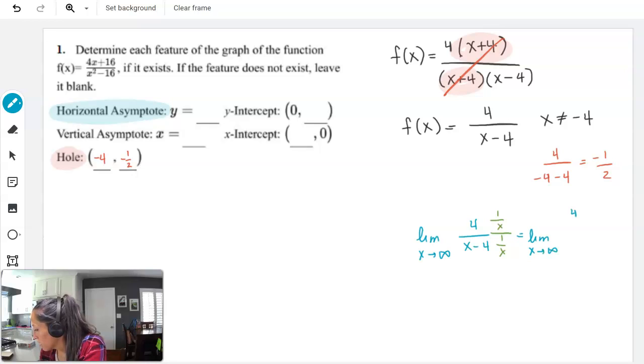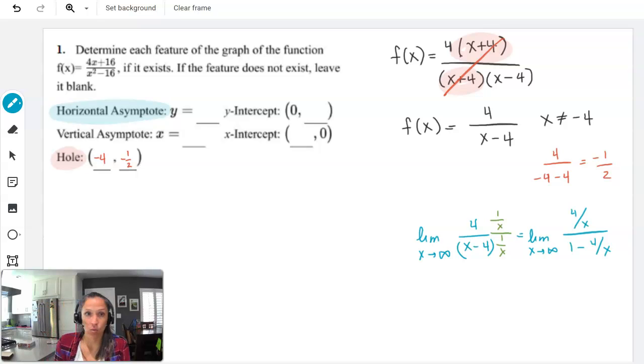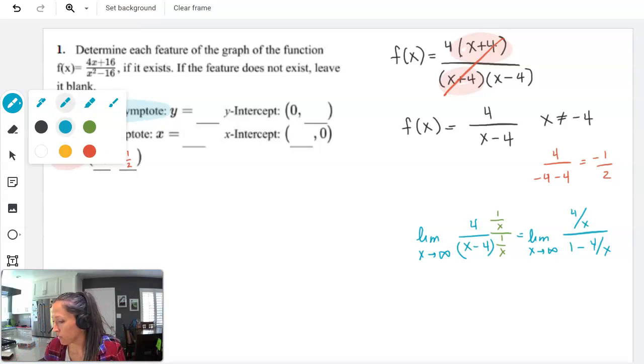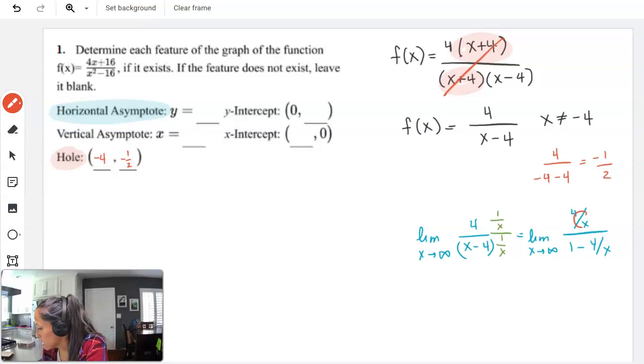This will be 4 over x, and we distribute it to the bottom binomial, and we get 1 minus 4 over x. One thing we do know is the limit of 1 over x, as x goes to infinity, is 0. These are multiplied by a constant of 4, but that doesn't matter because that just means it's 4 times 0, and we saw those limit laws. So this is 0, this is 0.